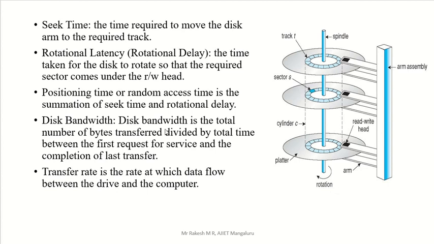Disk bandwidth. Disk bandwidth is the total number of bytes transferred divided by the total time taken between the first request for service and the completion of the last transfer. That is the formula to find out the disk bandwidth. In the denominator we have the time between the first request and the last transfer, and in the numerator the total number of bytes transferred.